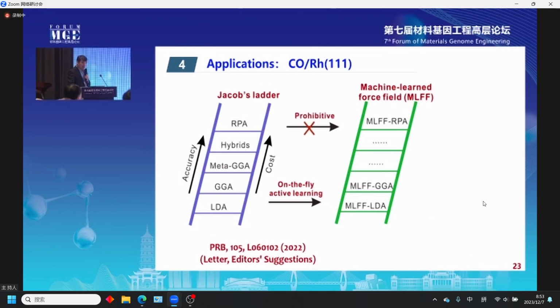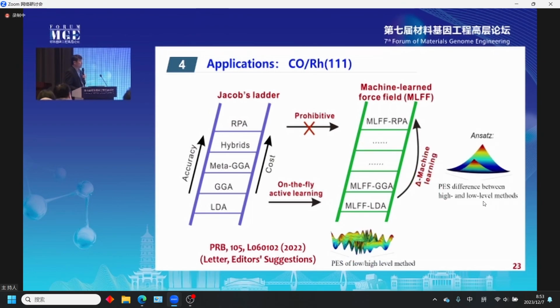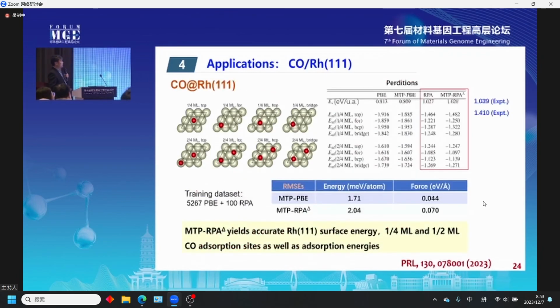And for this, finally, we get the random phase approximation, which we call the high-accuracy method. You compare this difference, and we just learn this difference from a few selected points. So we call it the delta learning method. And according to this, we try to solve this problem.